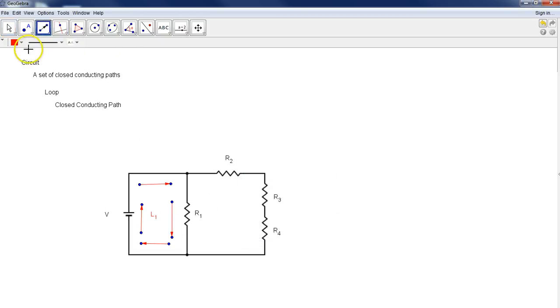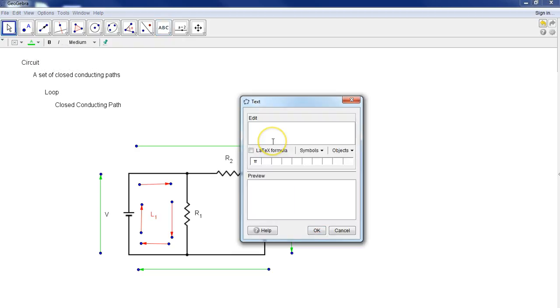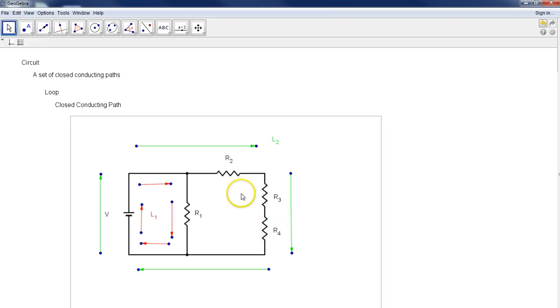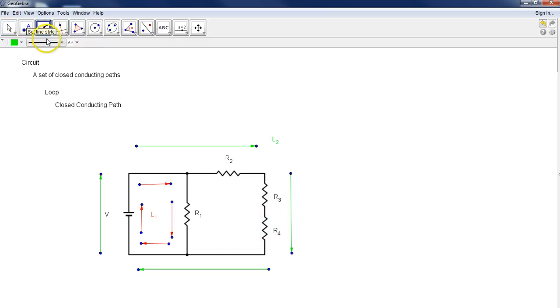We'll identify a loop 2. Loop is just a closed conducting path. And let's go all the way around the outside. And then for the last loop, I have a loop containing just the 4 resistors. We'll go with, let's see if this purplish sort of color shows up here.